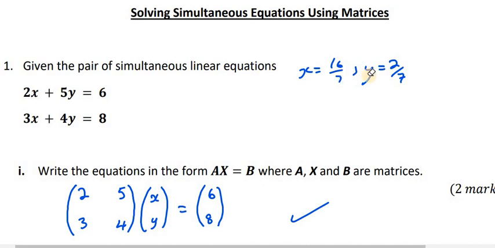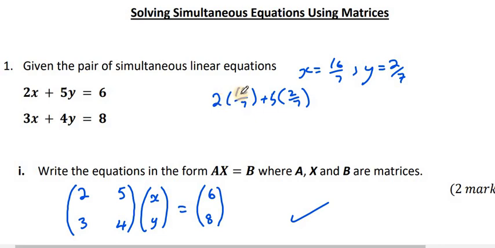Now before you assume that the answers are not correct because we didn't get a whole number, let's check. 2 multiplied by x, which is 16/7, plus 5 multiplied by the y, 2/7, we should get 6. Let's see if that's the case.